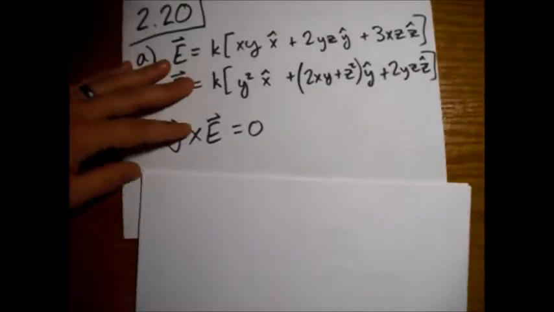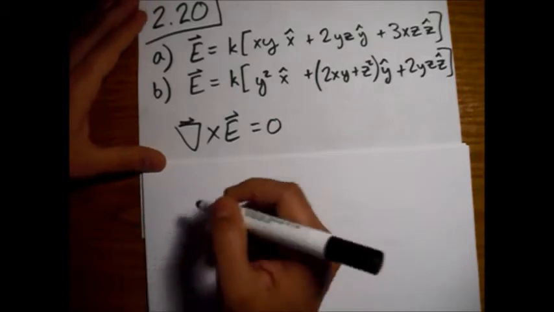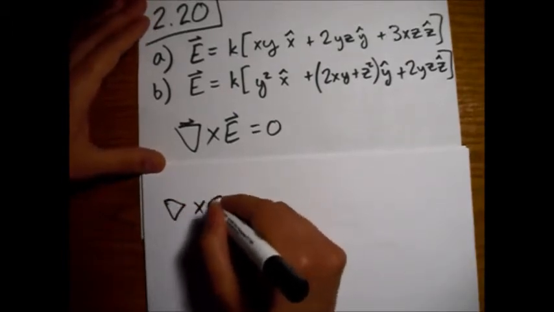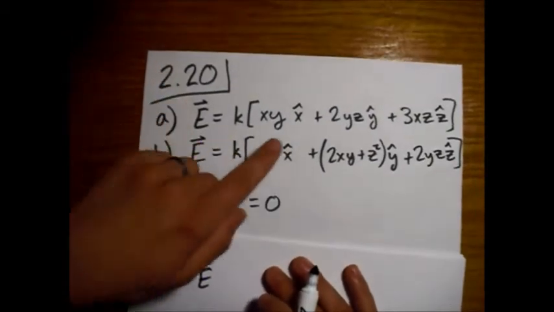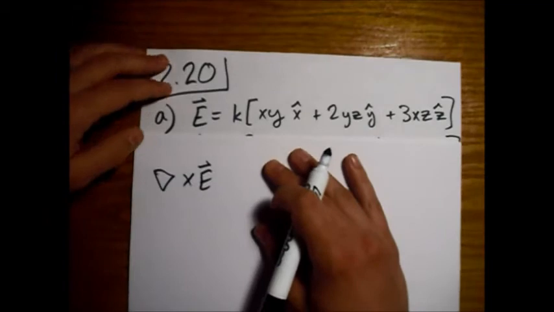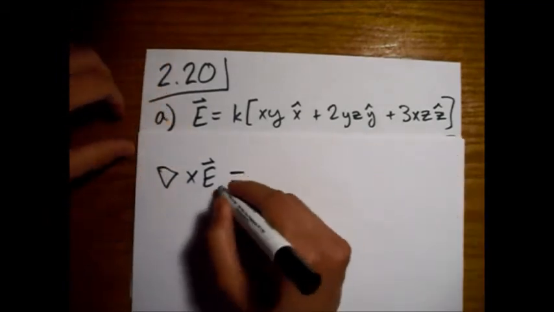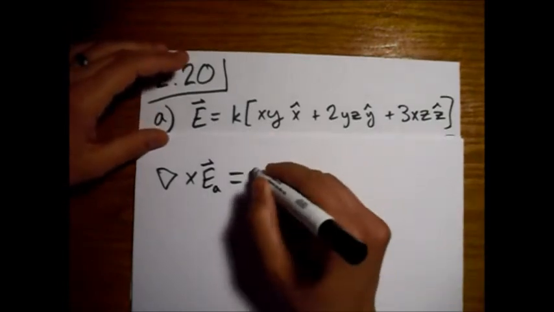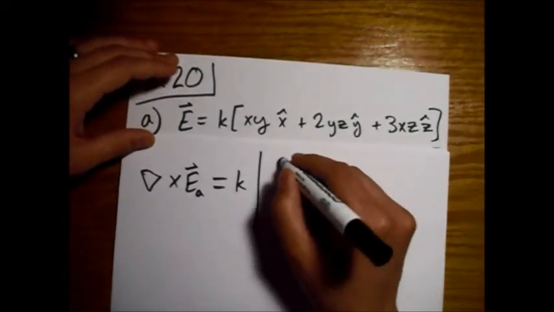So we'll go ahead and start on a new piece of paper for this. If we start with A, we're taking the curl of this field here, E_A. I'll put a little subscript A on there so we remember which one we're talking about. I'll bring the constant out in front, and we'll just use the determinant.